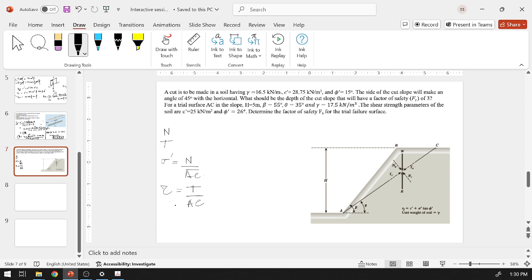So then we take the factor of safety again as c plus sigma n tan phi over tau.